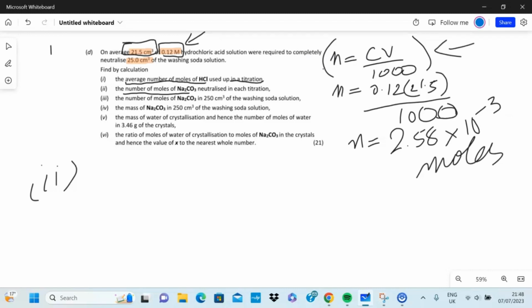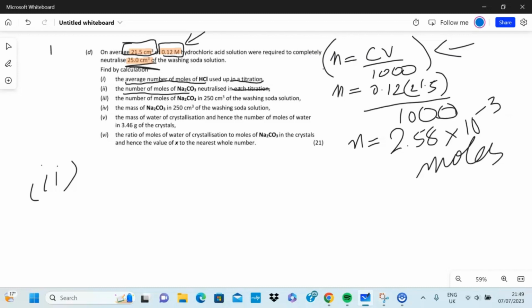But in Na2CO3, I see nothing with a big M next to it, so I don't know the concentration. The whole point of this experiment is to find the concentration, along with the number of moles of water. So the number of moles of Na2CO3 neutralized in each titration is referring to 25 cubic centimeters.